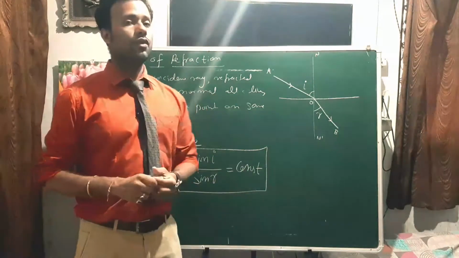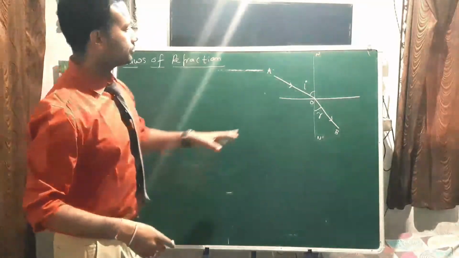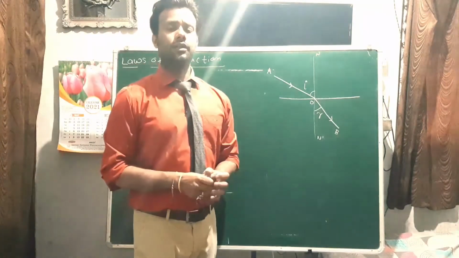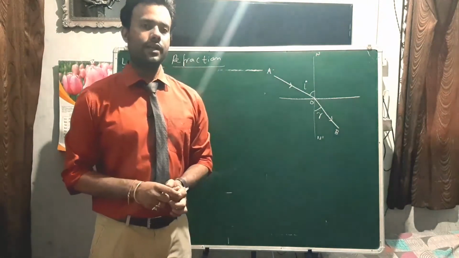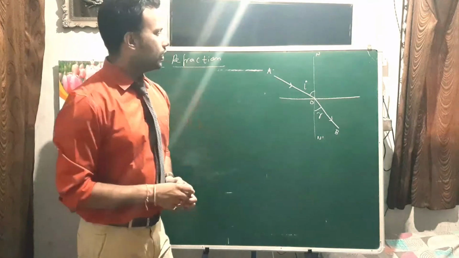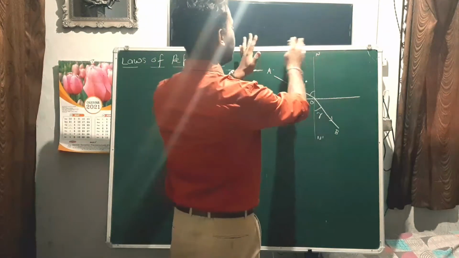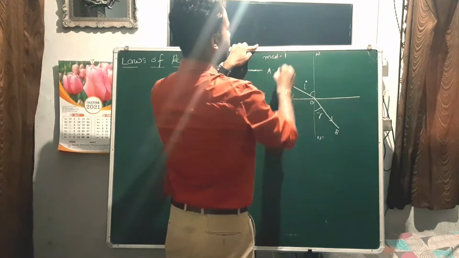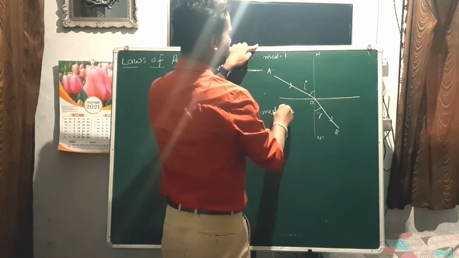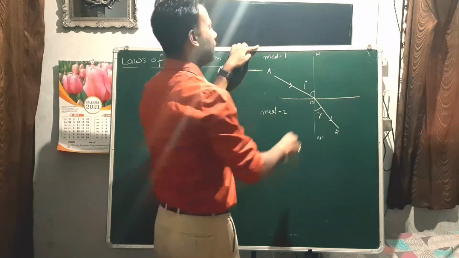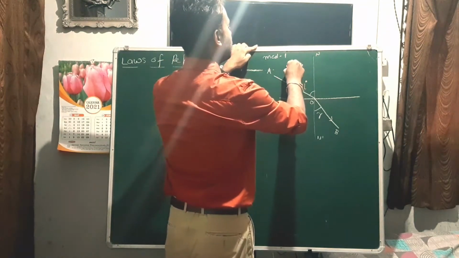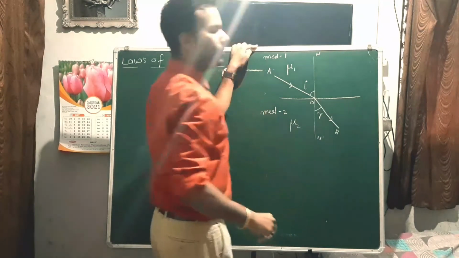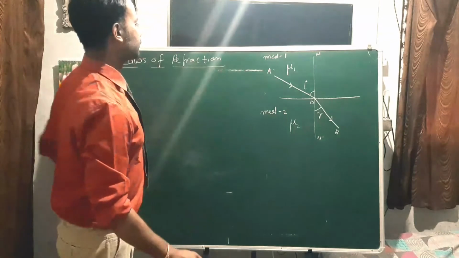Now what is the value of the constant here? Let's talk about this. This is angle i and angle r. This is a term known as refractive index. Let's say the refractive index of medium 1, let this be medium 1 and this be medium 2, is mu 1, and the refractive index of medium 2 is called mu 2, right?